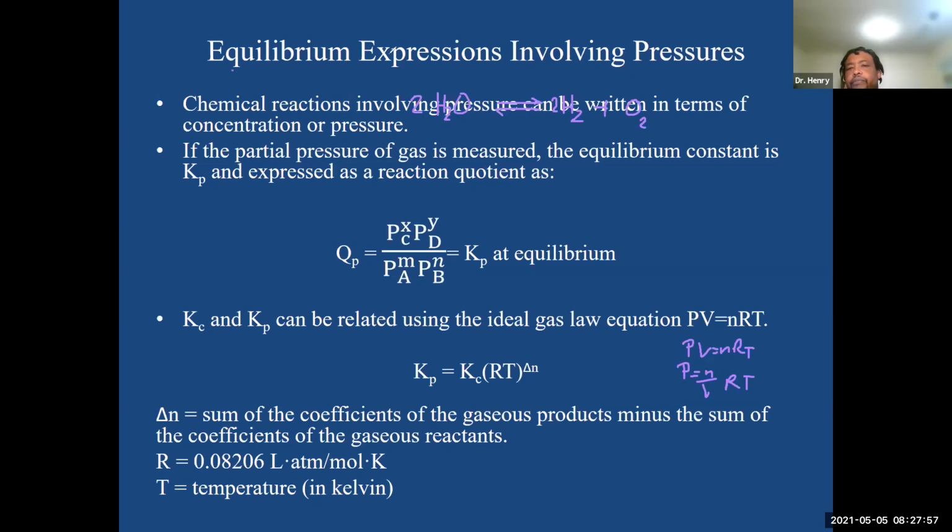Now, I'm going to stress that this is the fundamentals of equilibrium. This is going to pretty much apply to general equilibrium. When we start talking about acids and bases, that is just a special case of the general form of equilibrium. It just allows us to make some assumptions to make the equations a little easier to solve.